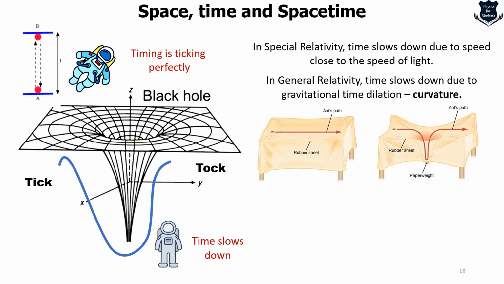But remember, in general relativity, it is all because of the gravitational potential. It is because of gravitational potential energy and due to curvature that this time dilation and many other things happen. And one of them is what is called a red shift, where you see that the energy is getting shifted and there's a red shift.